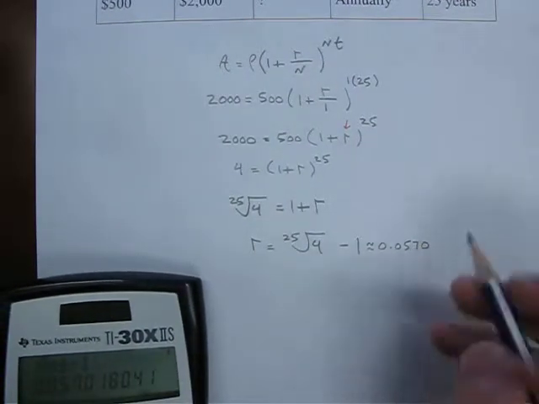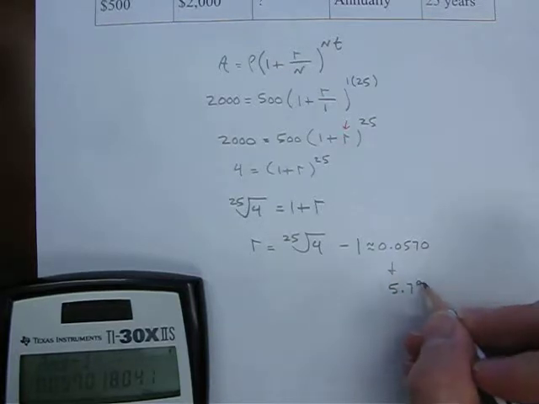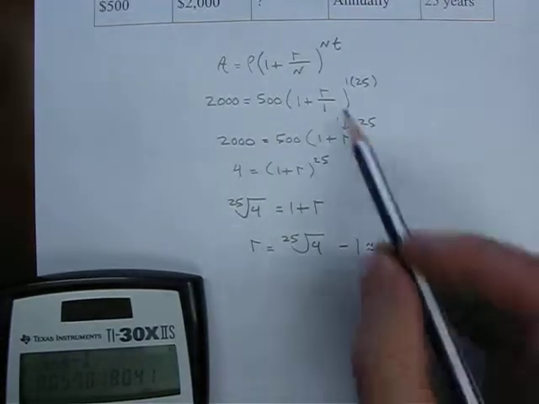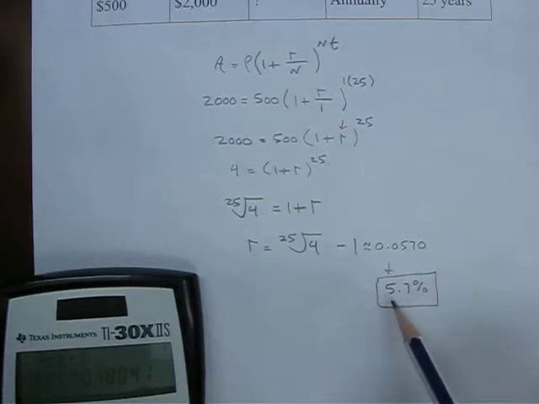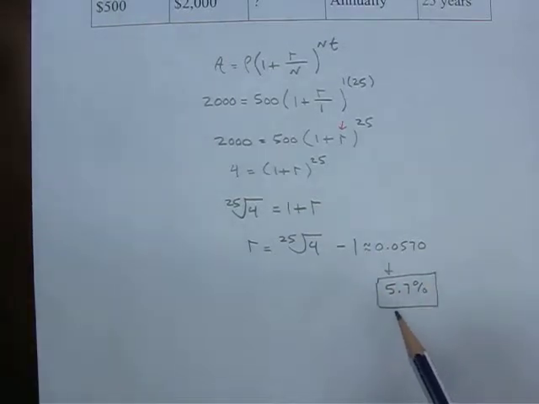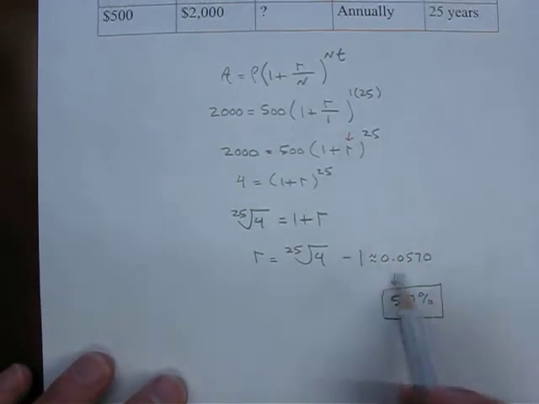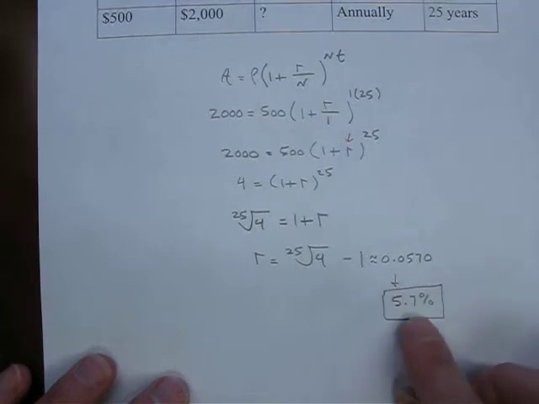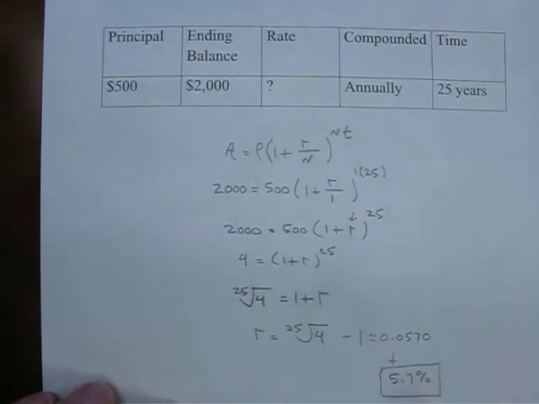Move that decimal 2 to the right. That's 5.7%. The number in the formula, 0.057, is said to be 5.7%. That's the way that we would report it, because people talk in terms of percentages. We do the math in terms of the number, but we talk in terms of the percent. So the rate is 5.7%.